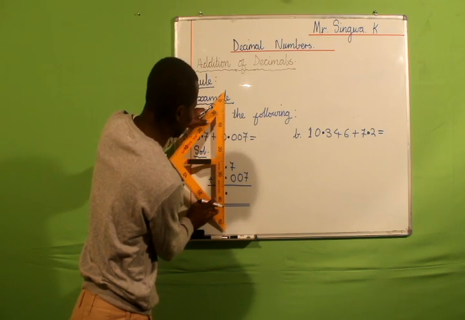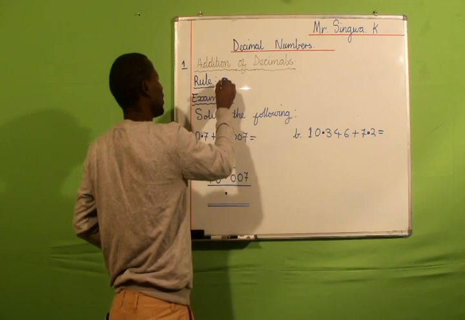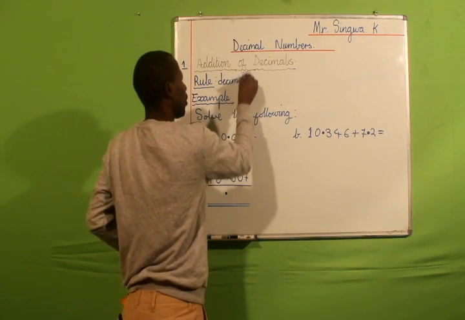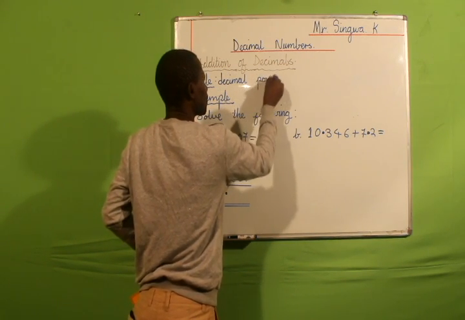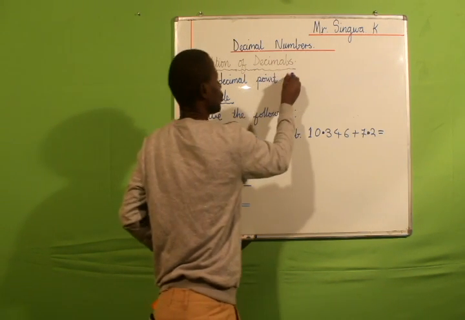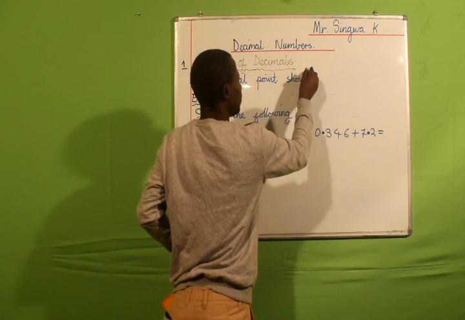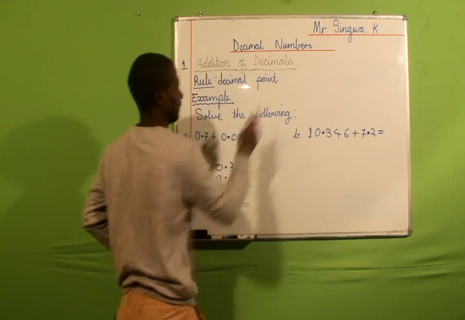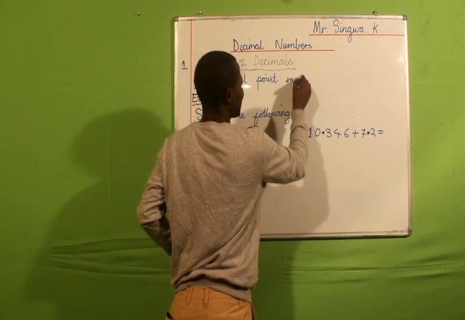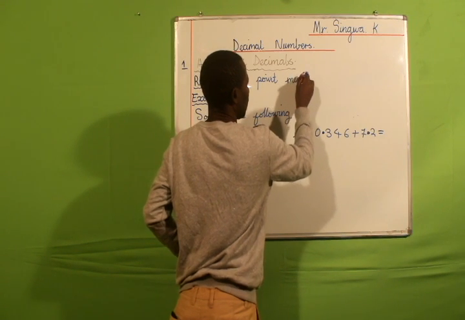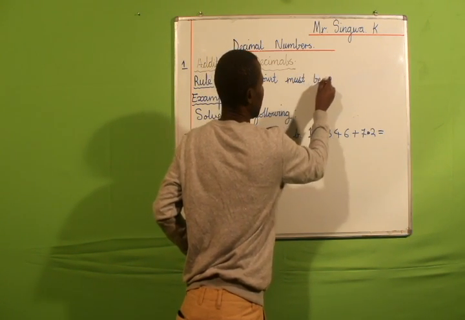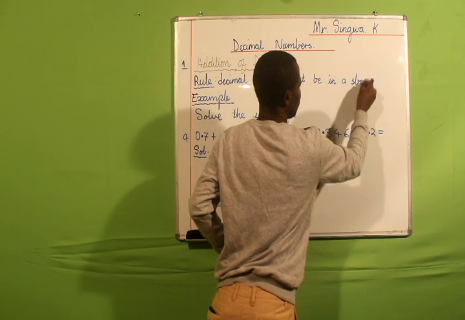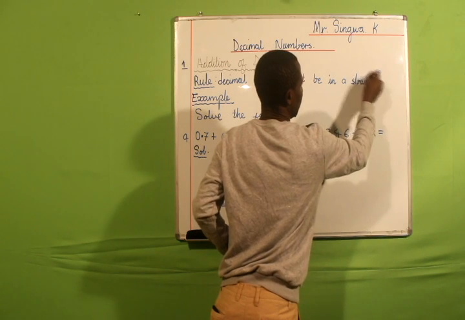So here the rule will tell you that decimal points, let me use an emphasis word here, decimal points must be in a straight line.